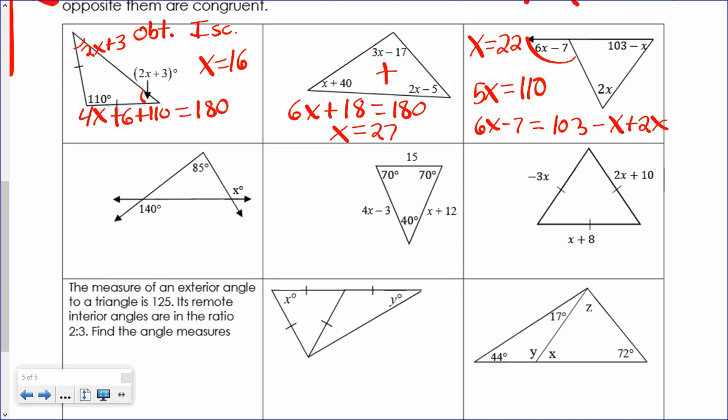Two exterior angles. Yes, 2 exterior angles this time. Ideas? Linear pair. For 140. The inside. How is that helpful?